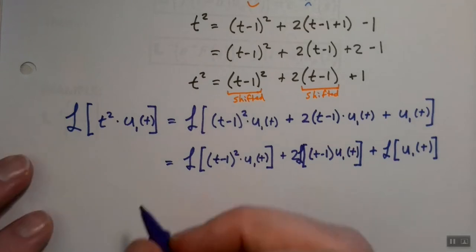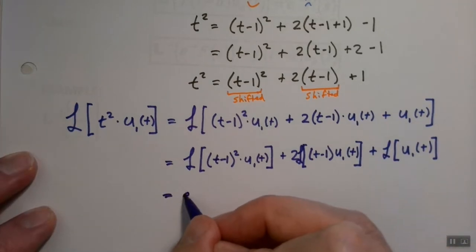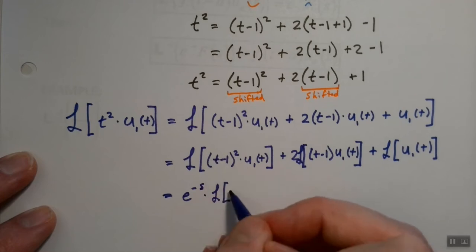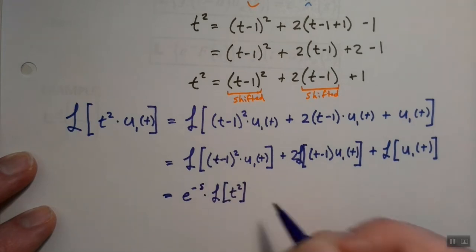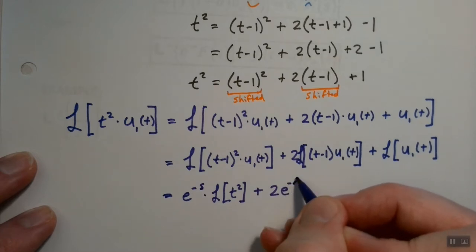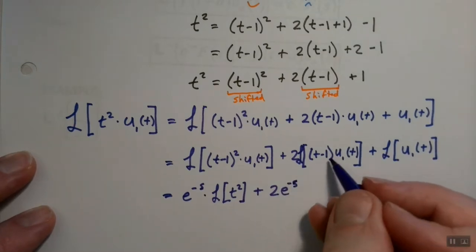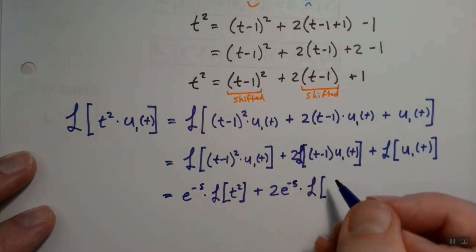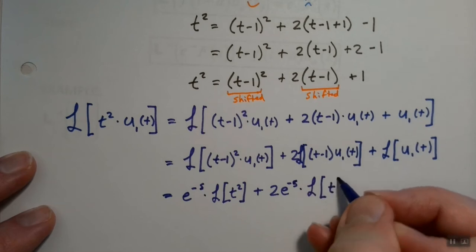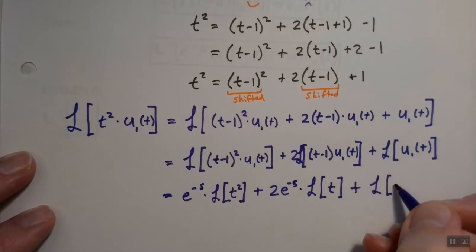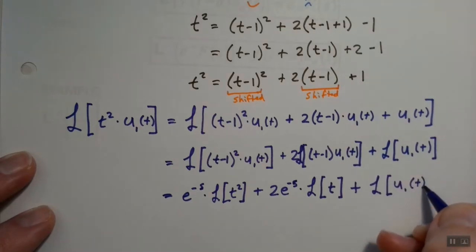And so for this first one, it's going to be e to the negative 1s times the Laplace transform of the unshifted function, which is t squared, plus 2 times e to the negative as, or negative s in this case, because a is just 1, times the Laplace transform of the unshifted function, which is just t, plus the Laplace transform of the Heaviside, switching at 1.